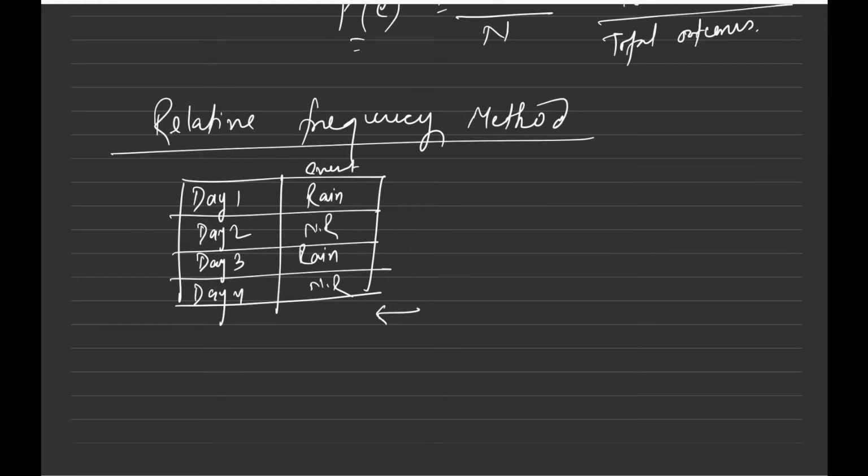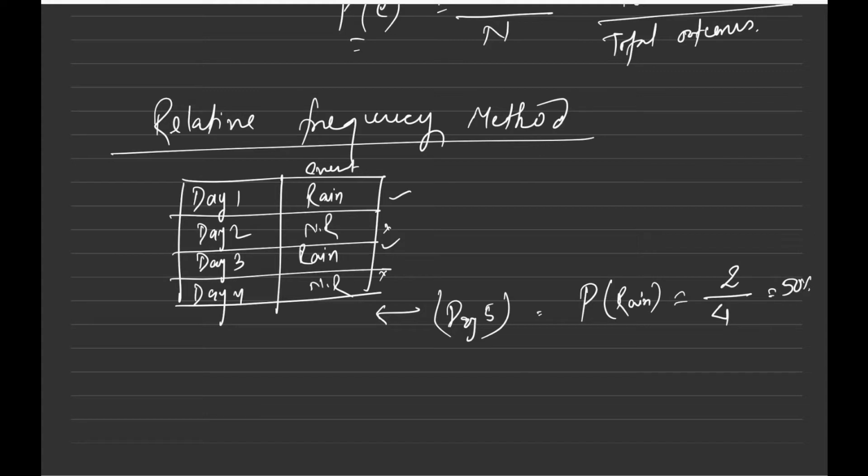So if I ask you on day 5 what will be the probability of rain, you will say, okay, I had seen that historically 2 days it rained, 2 days it didn't. So the favorable outcomes were 2 and total were 4. So you will say 50% probability, right?